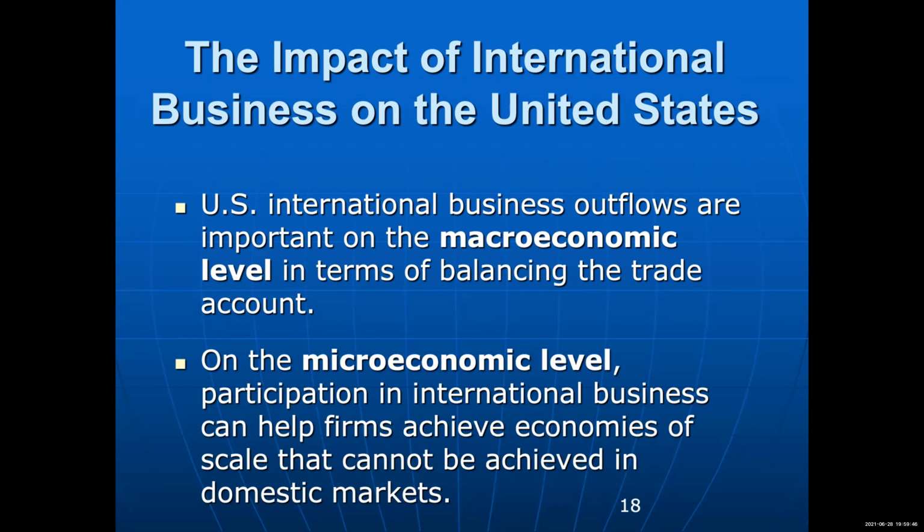And what they're saying about the US actually can refer to Jamaica. Outflows are important in terms of balancing the trade account, but this one is even better. Participation in international business can help firms achieve economies of scale that cannot be achieved in domestic markets. So think about Grace.